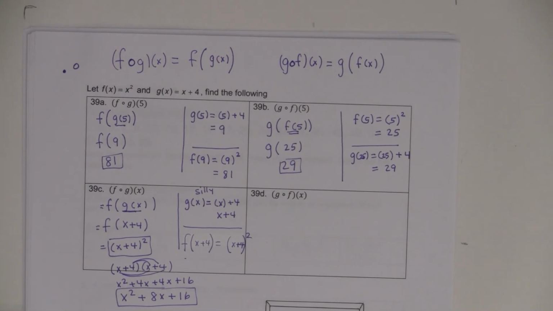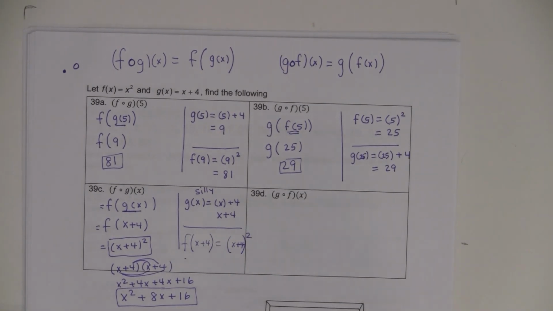So this is 6.4, and this was probably 39A. So where is 39? Yes, they left it here, X plus 4 quantity squared. And I told you I'd seen both, so I wasn't sure which one.